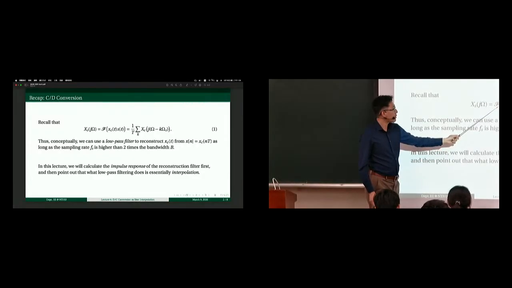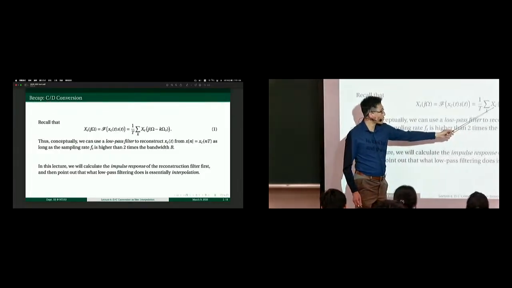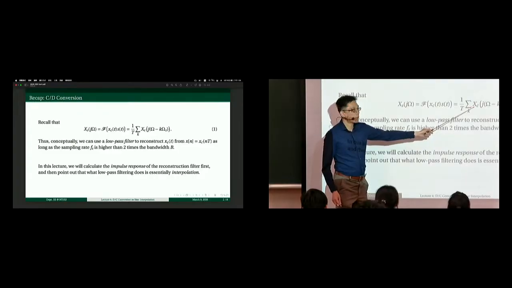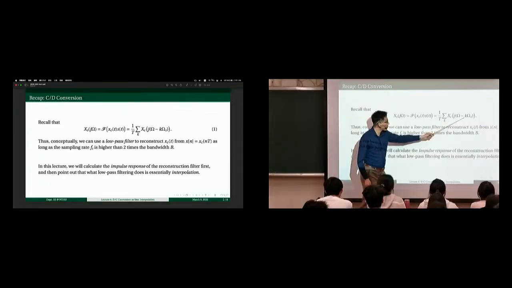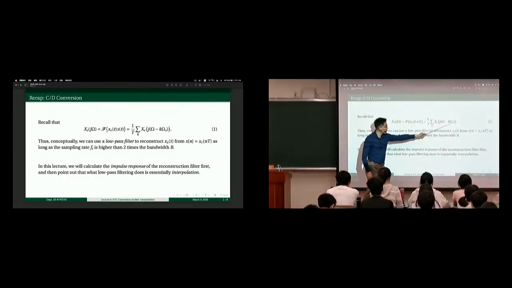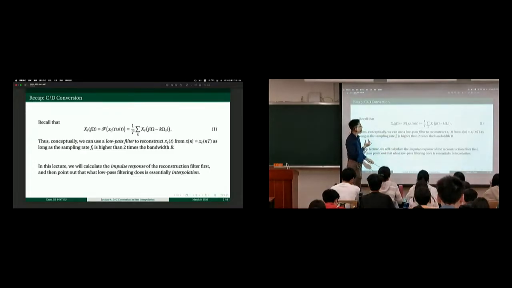The result is the original spectrum as one component, but then we shift the spectrum by integer multiples of the sampling frequency to the right and to the left, summing over all k. They all add up, and there's a normalization factor.